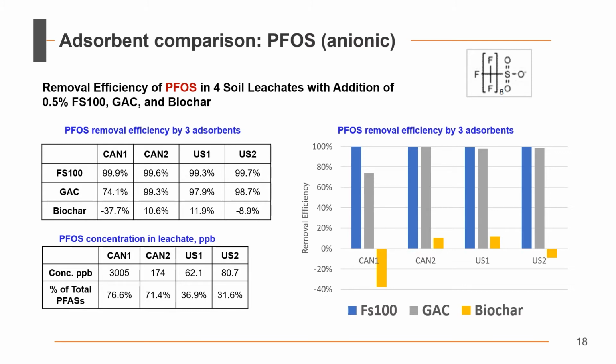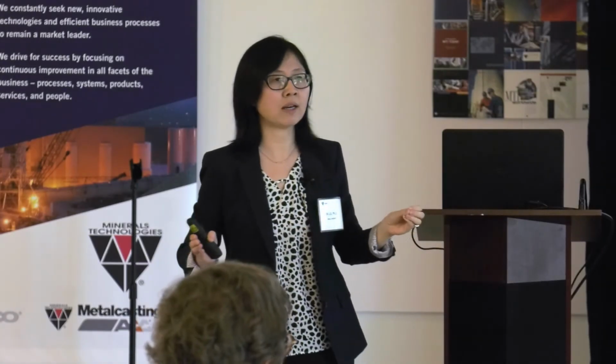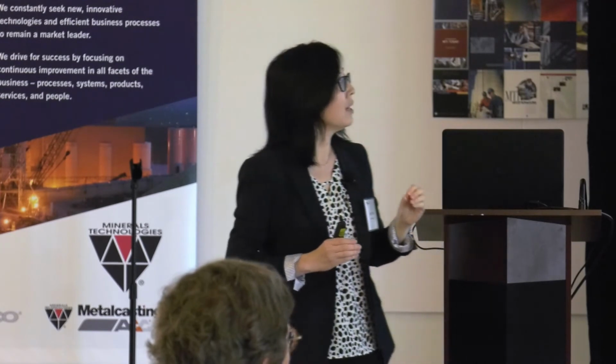And across the board, 99% or 90.3% removal across all the different soils. For GAC, that Calgon F400 carbon, for the 3 soils on the right, there is relatively low concentration to start with, but still very high. If you detect 100 ppb in the field, you're going to freak out, and this is something you definitely have to treat.